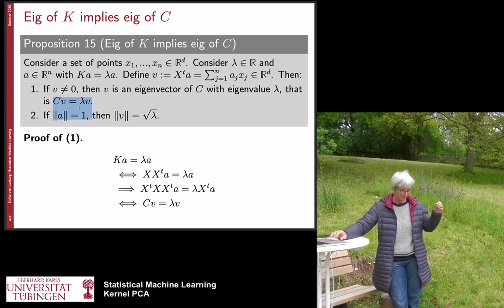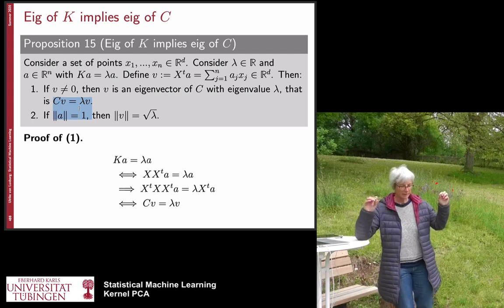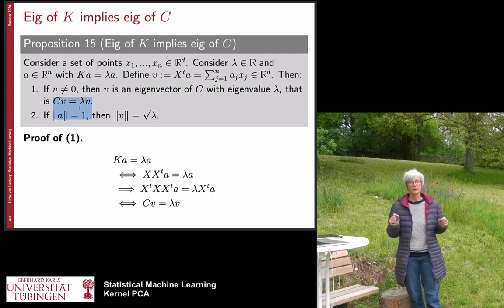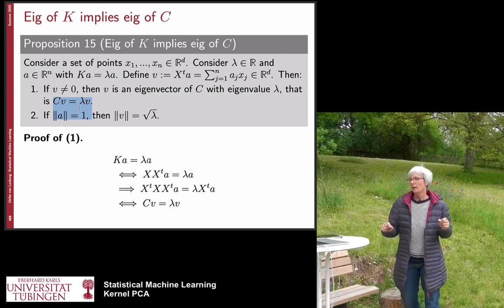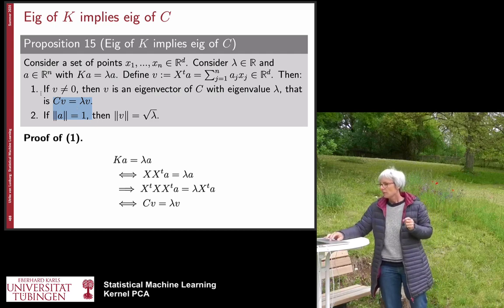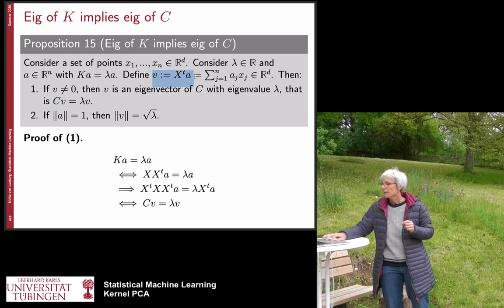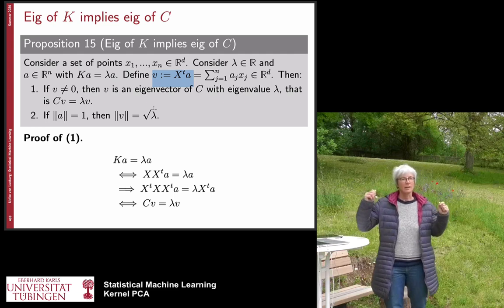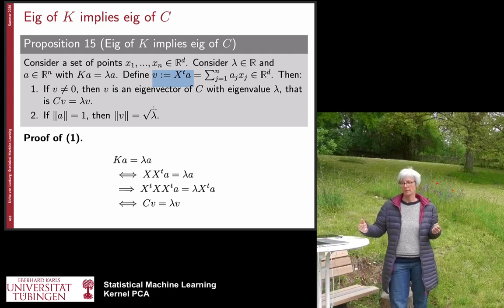Okay, so let us again start. We start with the data, we compute the kernel matrix, we take one of its eigenvectors, then we compute some new vector that depends on this eigenvector A, and we call this new vector V. And this new vector is now an eigenvector of the covariance matrix.